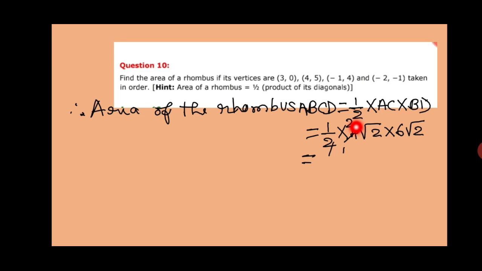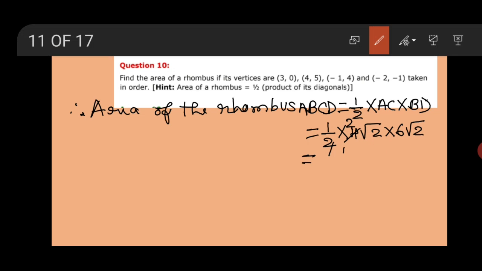Now simplify. It is equal to, two ones are two, two twos are four. So what's remaining? Outside the square root sign, two numbers are here. What are they? 2 and 6. Product of 2 into 6 is equal to what? 12 into root 2 into root 2 is equal to what?